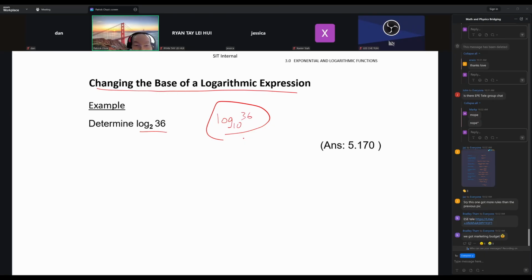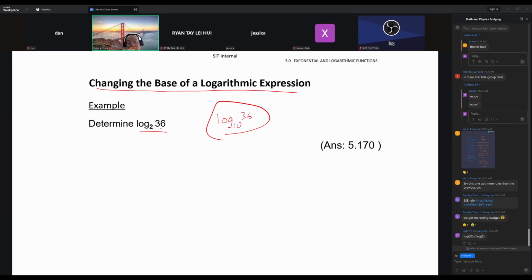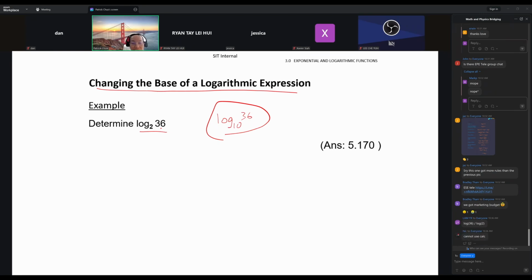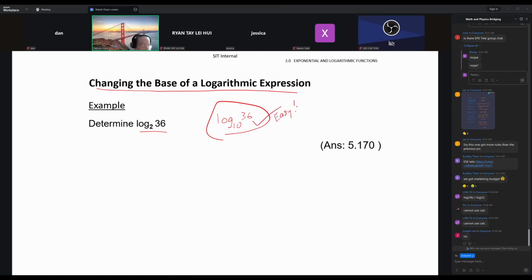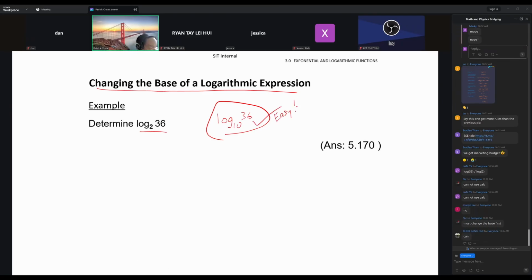But if the test paper says, determine log to base 2 of 36, can you use calculator or not? Try your calculator and see. Cannot, right?